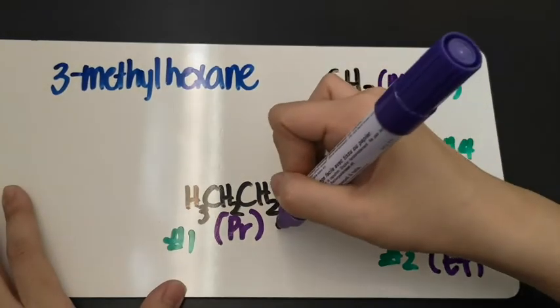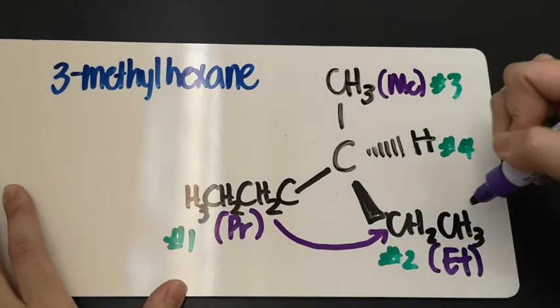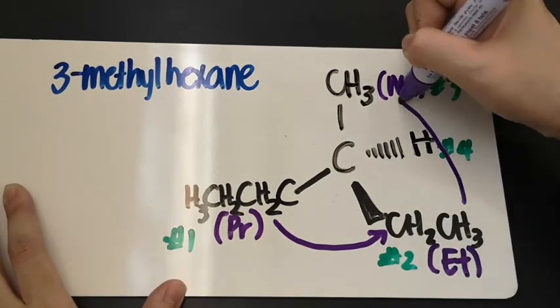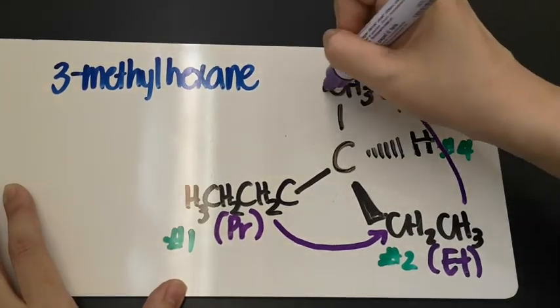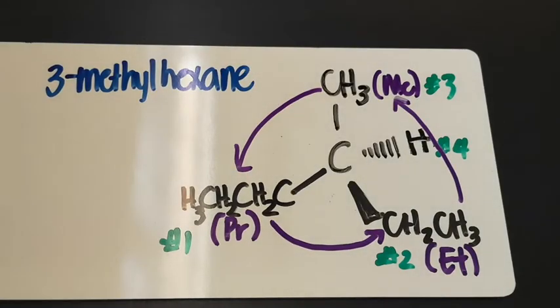So as we said, propyl will have the highest priority, followed by the ethyl group. From the ethyl group, we go to the methyl group, and then we close the loop right there. This time the curved arrow goes from propyl to methyl, following a counterclockwise direction, and therefore we should assign the S configuration for this enantiomer.